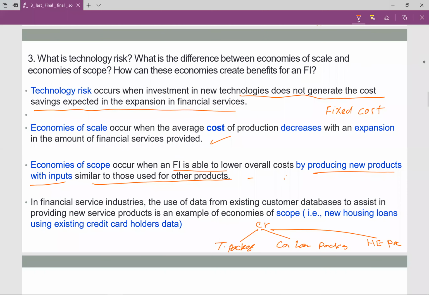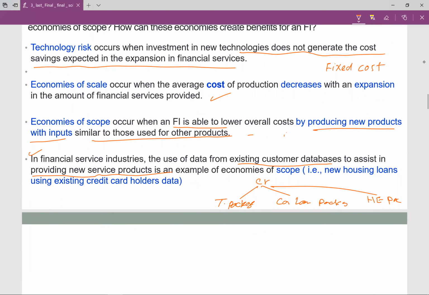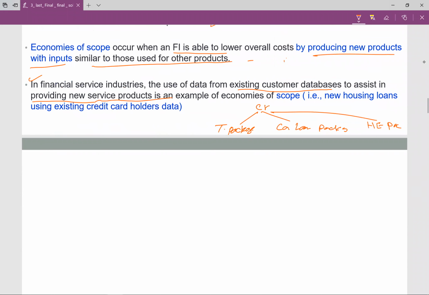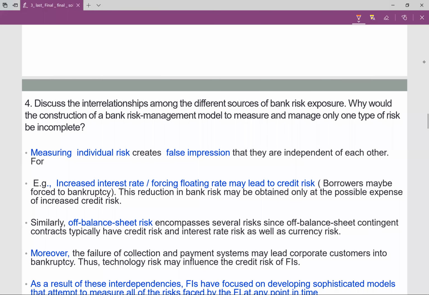So understand that from here, and this is in the financial services industry, the use of data: we use the existing customer databases to assist in providing new service products. An example of economic scope. So this is the economic scope. Okay, let me go to the next question.